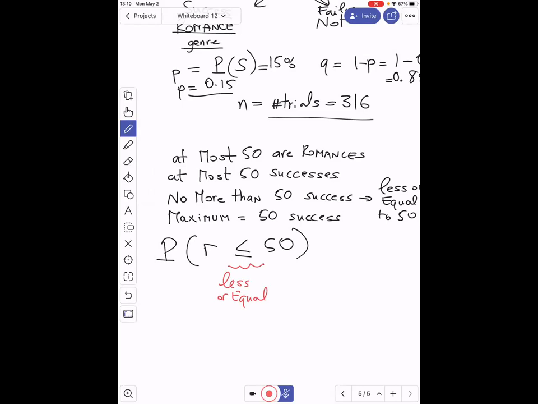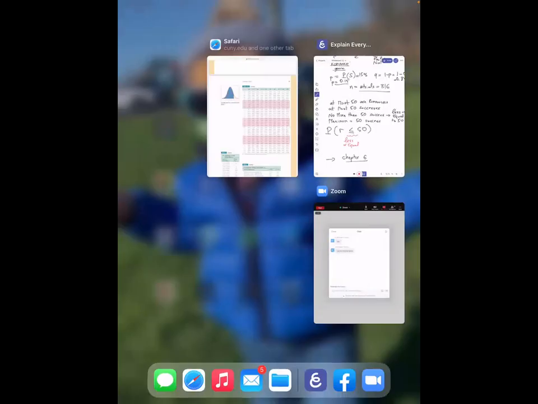In chapter 6, we discussed this binomial distribution, and to compute this we had table number 2. Remember this table number 2?